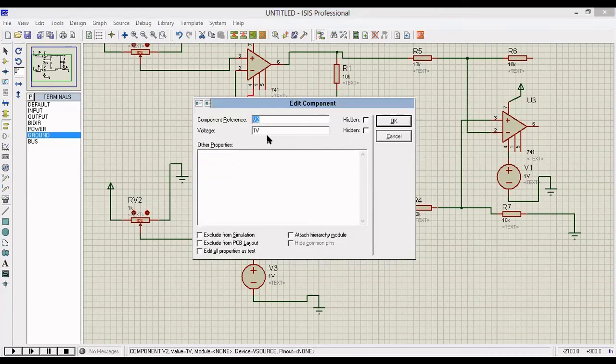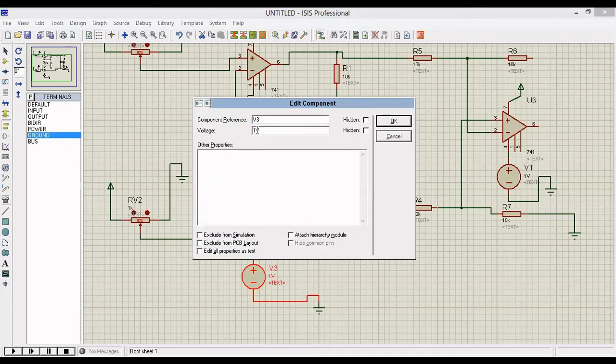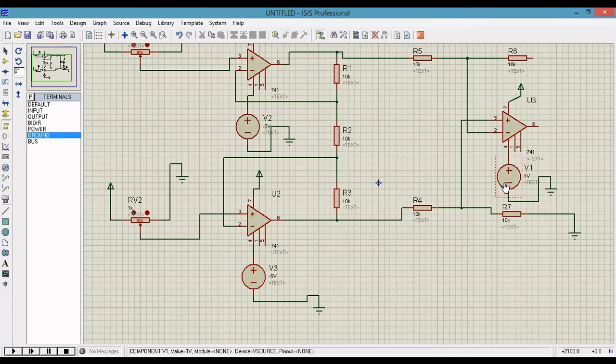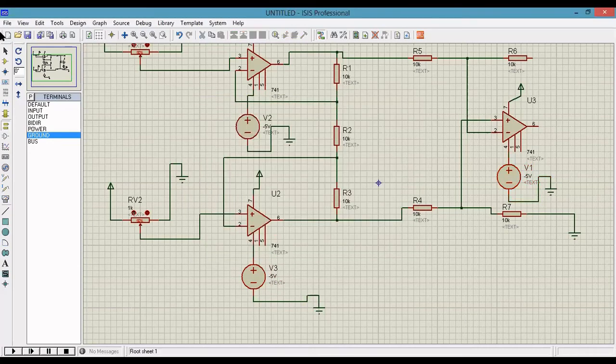Double click, give minus 5, and minus 5. So now I have to measure the input and output.